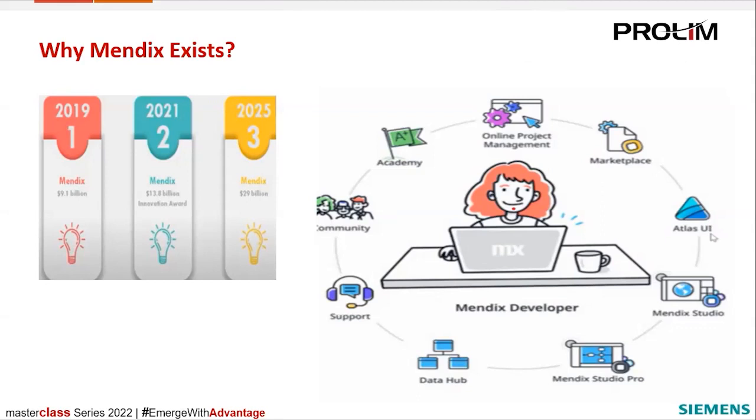And academy is something where you will have all those things inside it. You can understand that you do not need to search for something else outside Mendix.